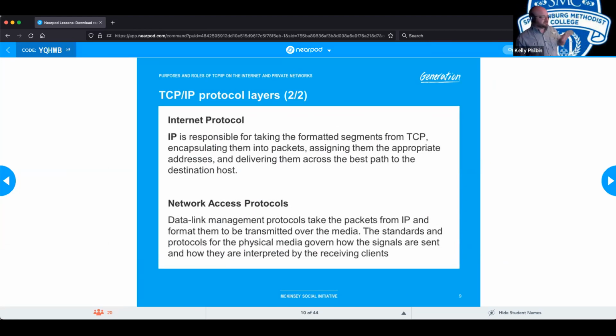Takes the packets from the IP, formats them to be transmitted over the media, which is turning it into binary. The standards and protocols of the physical media govern how the signals are sent and how they are going to be interpreted by the receiving clients. Yes, HTTP uses port 80, but we'll have a list of ports and what each thing does a little bit later.